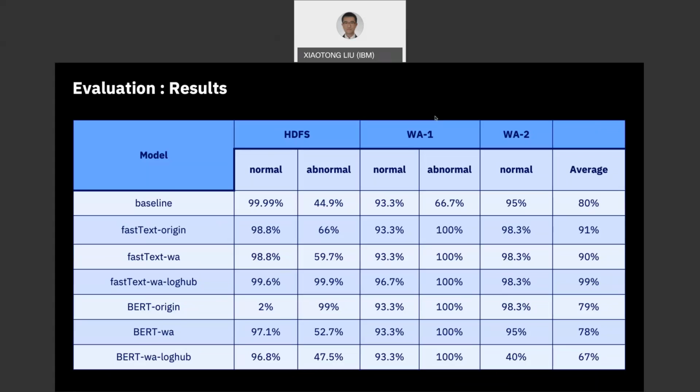On the other hand, we can see that our pre-trained BERT embedding with the Watson Assistant data is also comparable to the original general-purpose BERT embedding, although both are slightly worse than the baseline. Surprisingly, when we introduce more diverse data from both the Watson Assistant data and the log.hub data to pre-train BERT, the accuracy drops considerably.